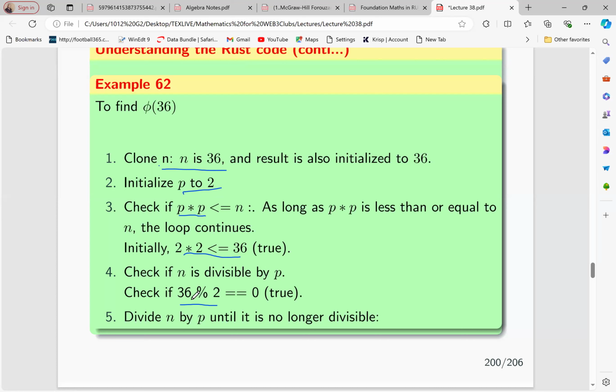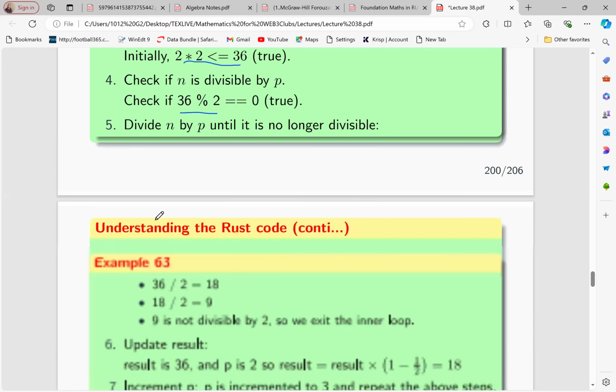That is that condition. And then if so, I enter that inside loop and start dividing 36 by 2 until I get a remainder that is not 0.